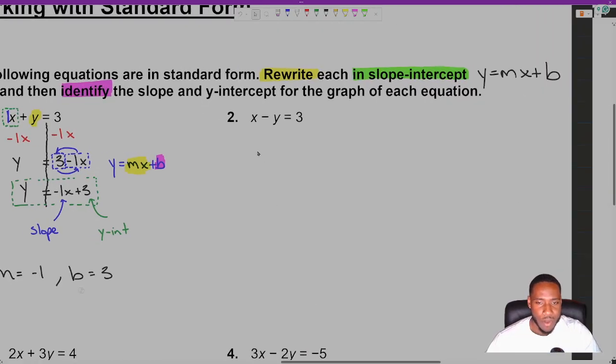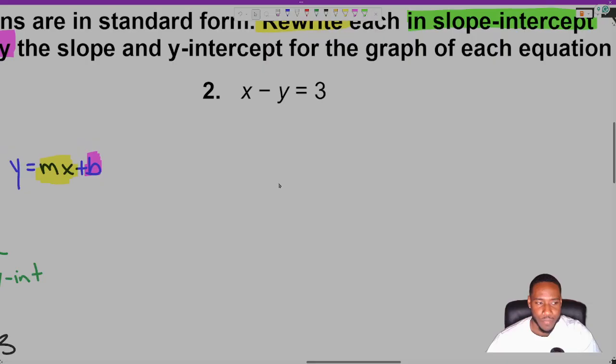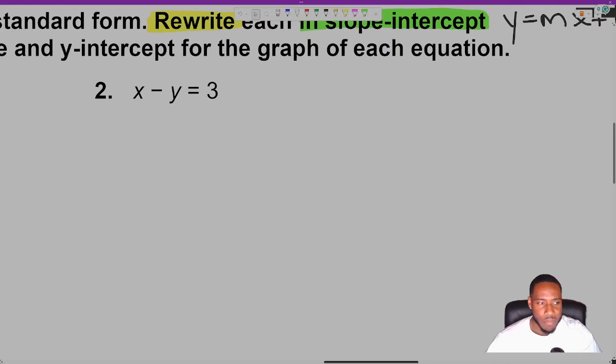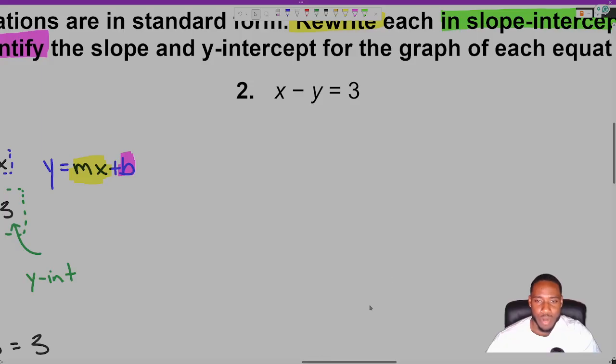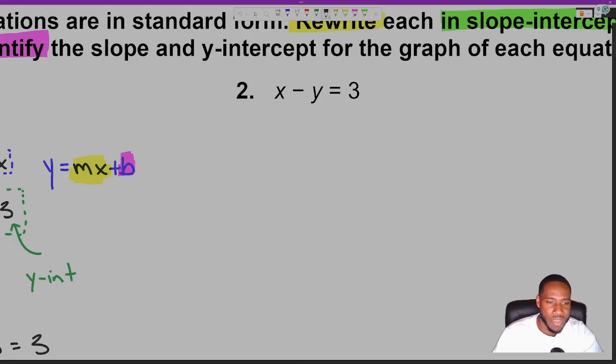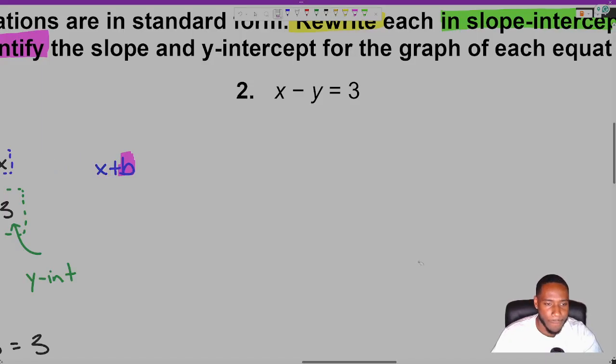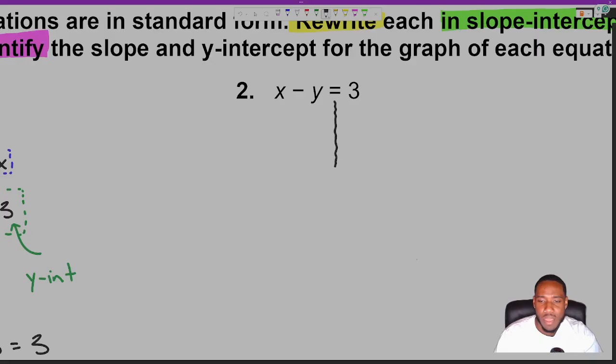We're going to go over here to number 2. And the difference you're seeing between number 2 and number 1, let me go ahead and erase the little model we have there, is that the sign in front of the y this time is negative instead of positive. That's going to add one more step to what we're working with here.